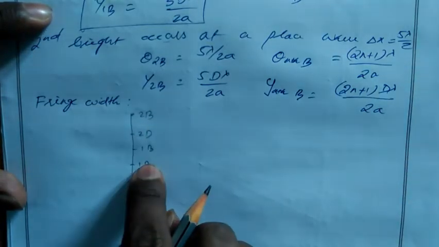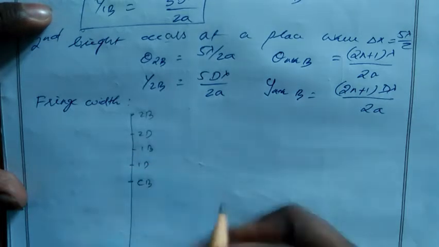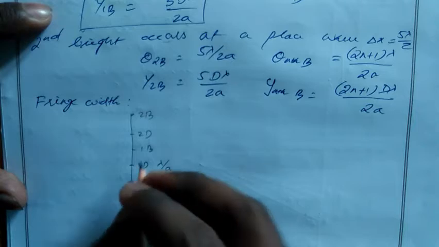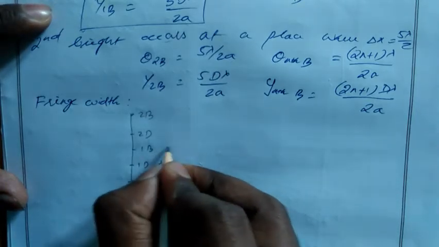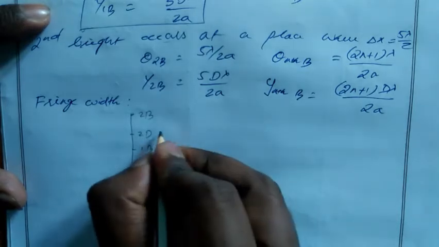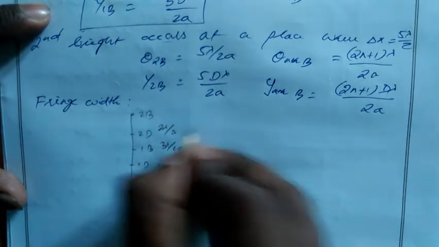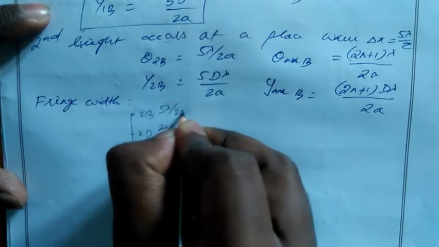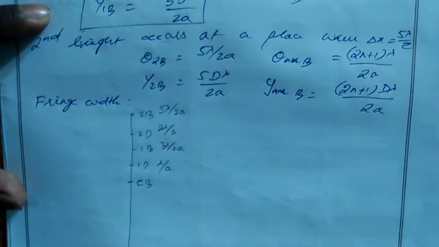So for the first dark, what is the path difference? Lambda by a. For the first bright, 3 lambda by 2a. Then second dark, 2 lambda by a. Second bright, 5 lambda by 2a, and it goes on.